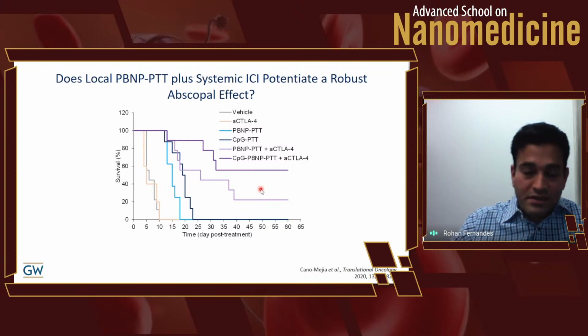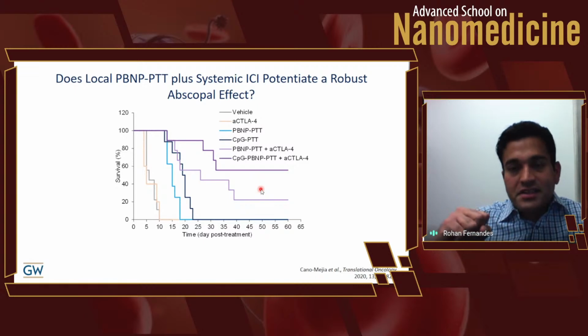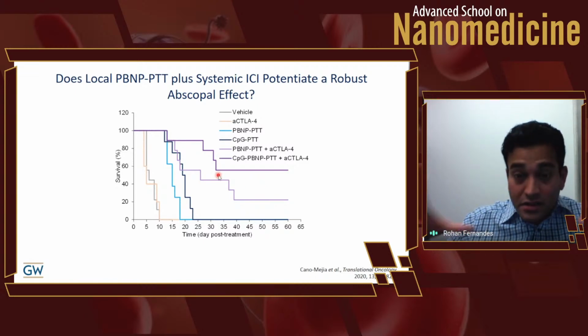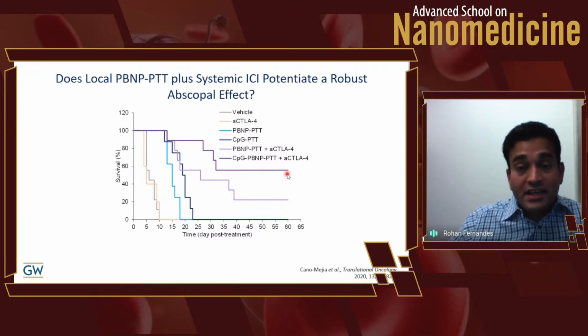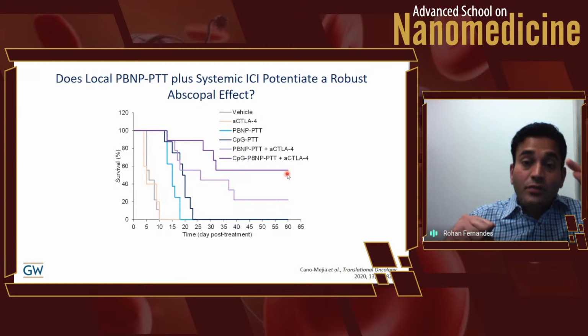And now when we put all the pieces together, the ablative piece, the immune signal, and the systemic immune checkpoint inhibitor in this two-tumor model, we were able to see that all the pieces worked in concert to give nearly 60% long-term survival. It was interesting to see that the primary tumor would go away and the secondary tumor would look like it was progressing in some of them. In some cases, they progressed. But in other cases, they started to increase in size, and then we would see a rapid decrease in tumor burden.